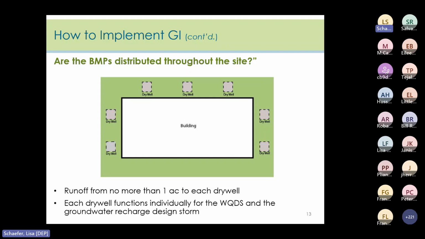Now, as long as there's no more than 1 acre of runoff that's directed to an individual dry well, the drainage area limitations are met. And furthermore, to be GI, these BMPs must all function individually for the water quality and recharge storm.